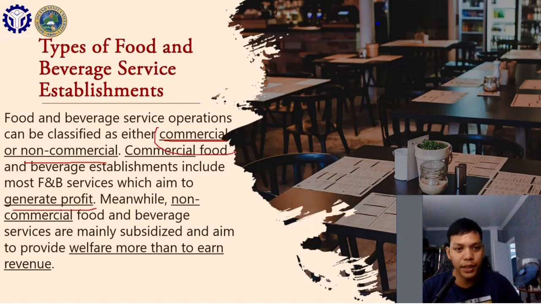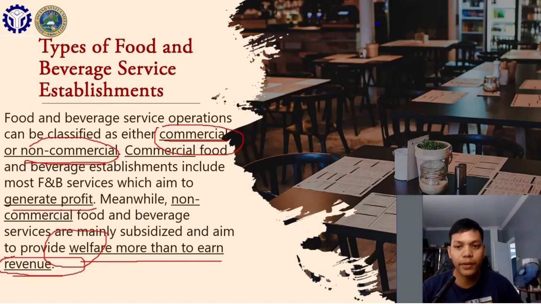From the word commercial, it means that the guests will pay in exchange for the food and beverage as well as the services. Once we hear the word non-commercial, it means that the food and beverage service is mainly subsidized and aims to provide welfare more than to earn revenue. Okay, it is more on welfare rather than to earn revenue.